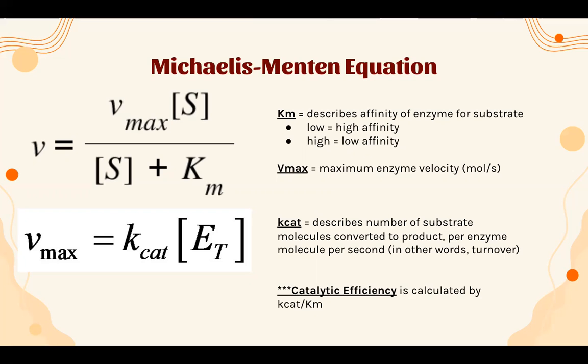What this ratio suggests is that a high kcat means a high catalytic efficiency, because it means a high turnover of substrate molecules to product. Whereas a low Km, which indicates high affinity to substrate, causes a higher catalytic efficiency.